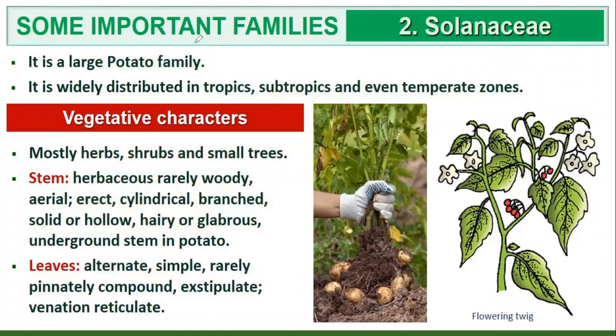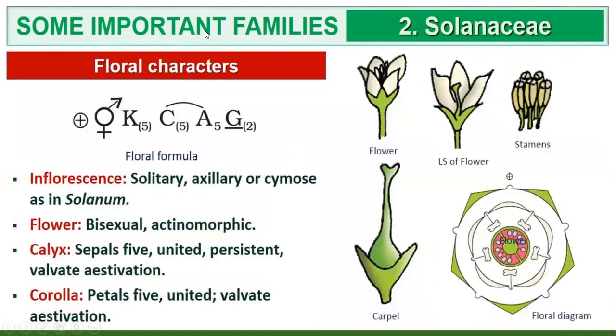After this, we have the floral characters of Solanaceae. First, we will talk about the formula. Looking at this formula, we can say that it is radial symmetry, actinomorphic. It is bisexual. The calyx is 5 and all 5 are fused together. Corolla, there are 5 and all 5 are fused together.